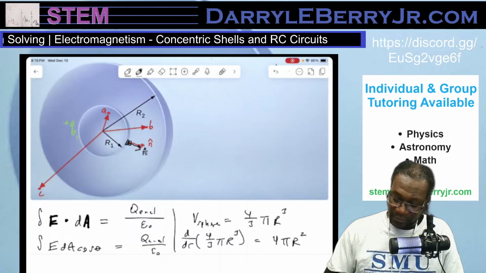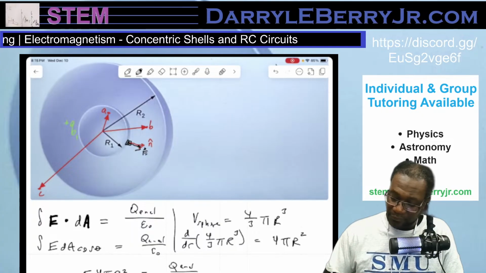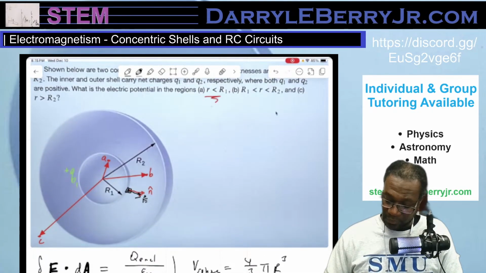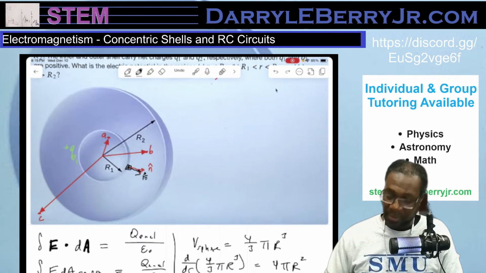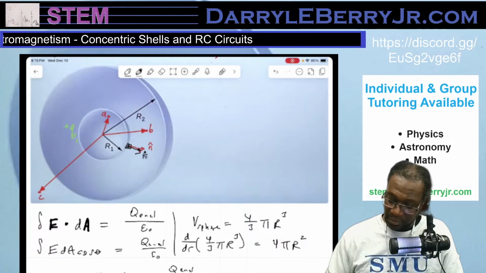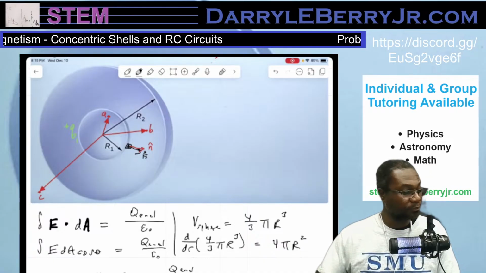So now we have E 4 pi r squared equals Q enclosed over epsilon naught. And the Q enclosed, actually let me just do this for the general case. So we have the electric field equals Q enclosed over 4 pi r squared epsilon naught.